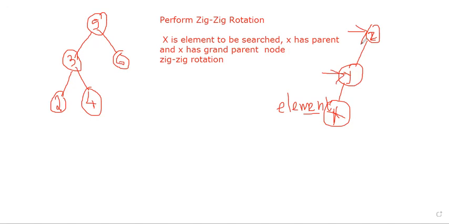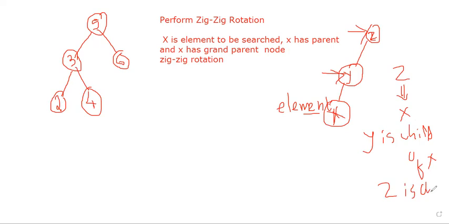When you do this, z is replaced with x, making y a child of x, and z a child of y.